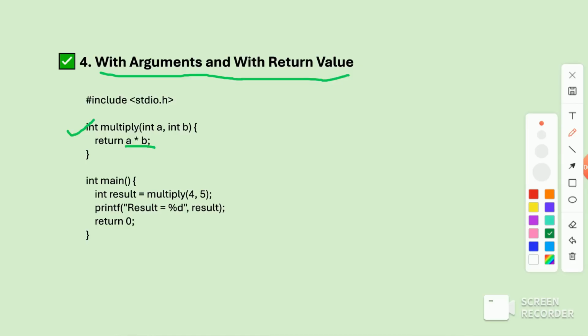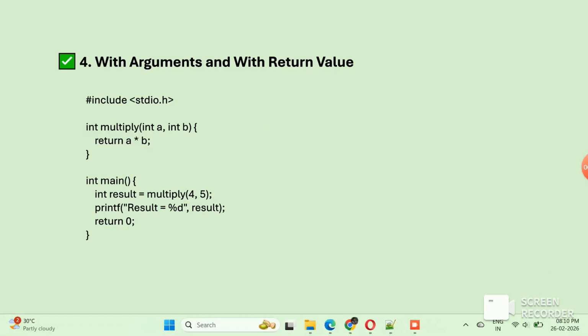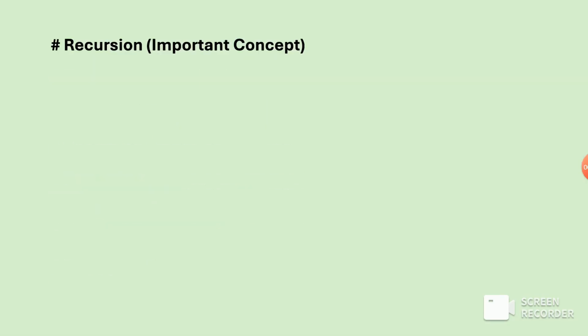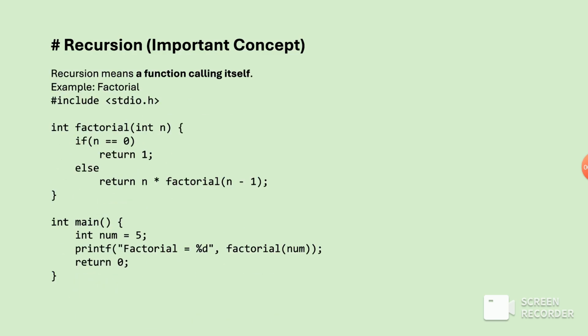In the main function we call that function with arguments 4 and 5. It returns the multiplication, 5 times 4 is 20, so 20 will be printed here. This is our example of with arguments and with return value. In the next slide, recursion.